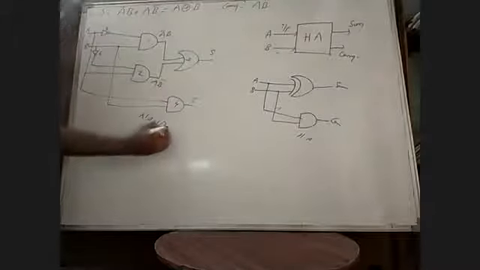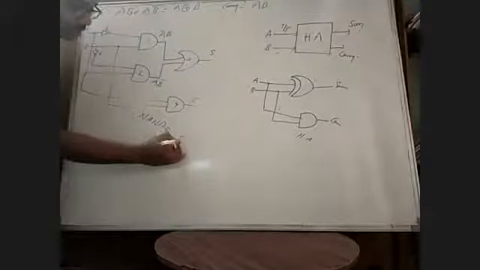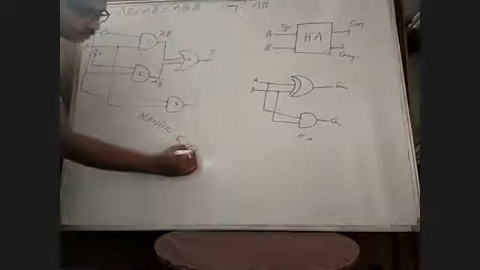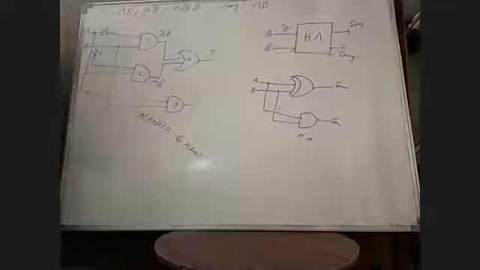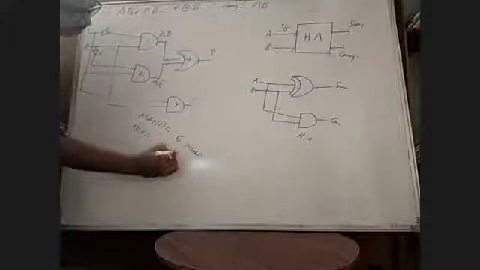That is, to convert this basic gate diagram to NAND gates, it requires 6 NAND gates. Similarly with NOR gates, it will require 6 NOR gates.